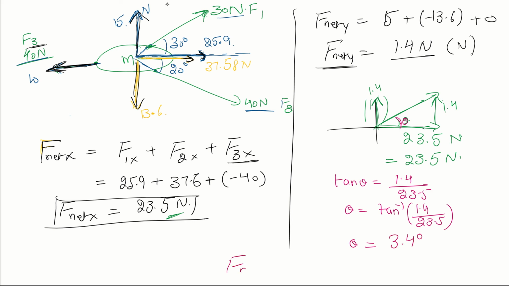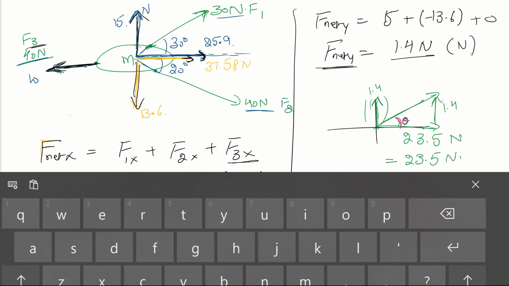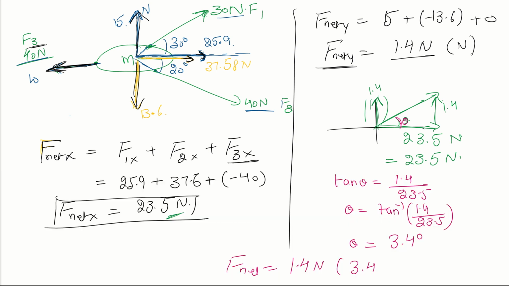So F net is equal to 23.5 Newtons at an angle of 3.4 degrees. I can call it north of east, because this is east, this is north, so this is my final answer.